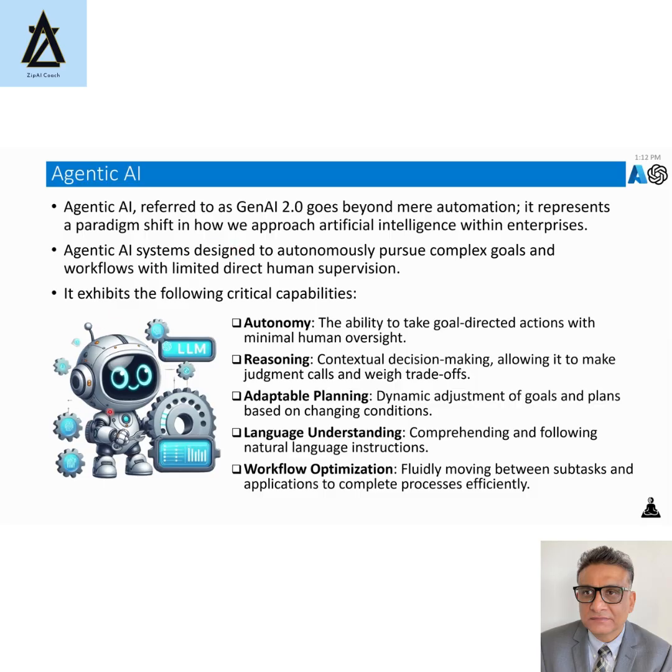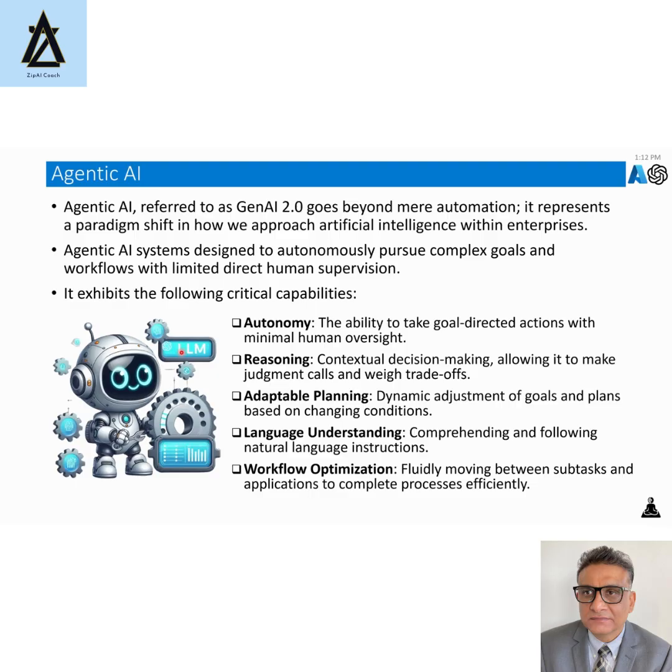So if you look at this picture, you have an agent which is making use of some tools and a language model. So language model is core of an agent, but beside the language model, we bring in additional capabilities like reasoning, planning, language understanding, and workflow optimization.